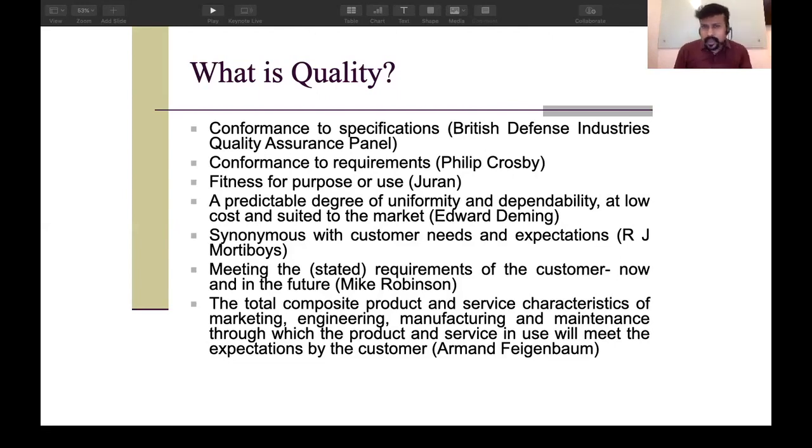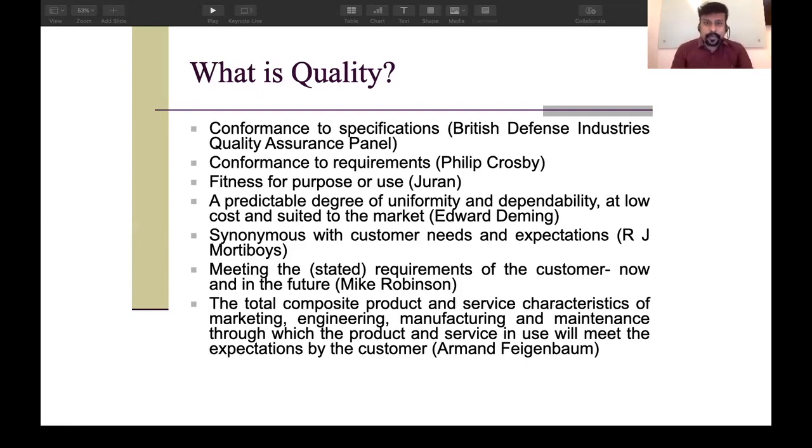So can you say that KFC is providing quality food, quality service? No. There should be some kind of uniformity wherever they provide the services. That is very important. That is what we are saying in this definition: there should be a predictable degree of uniformity and dependability.